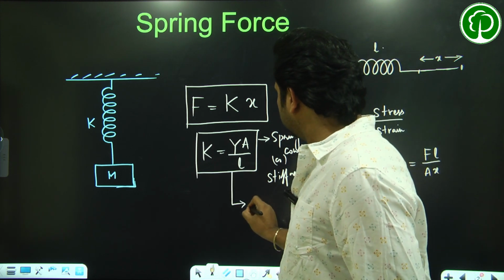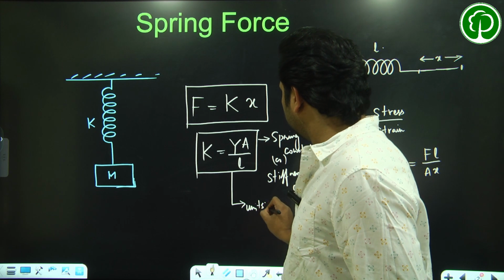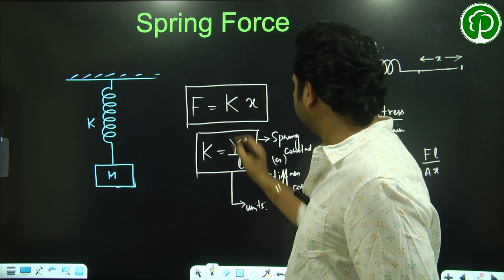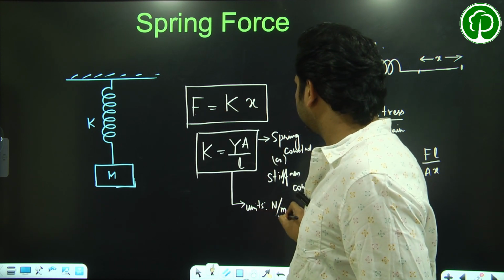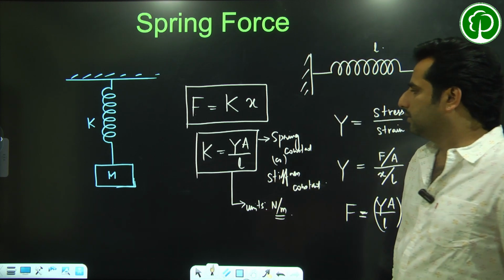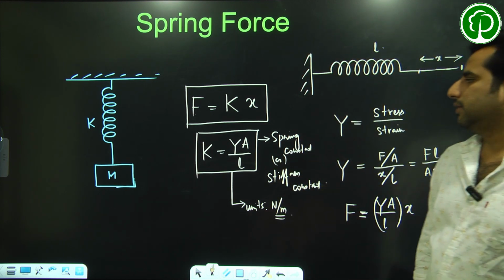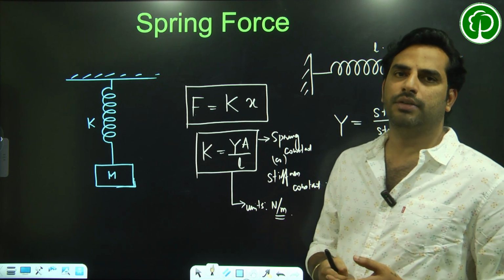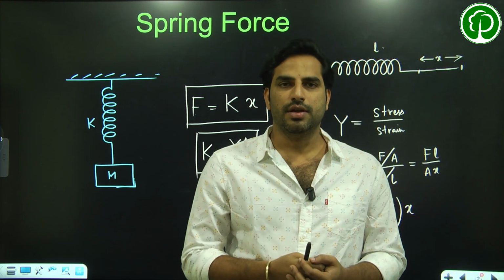And the units of this spring constant would be obviously Newton per meter. K is F by x, it is Newton per meter. And it is so obvious that the stiffness constant of a spring is inversely proportional to length.